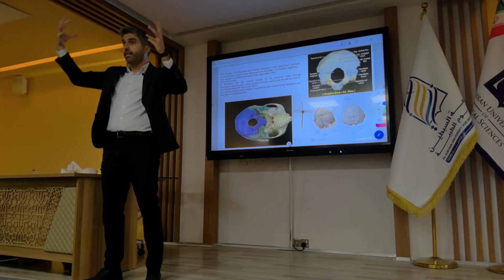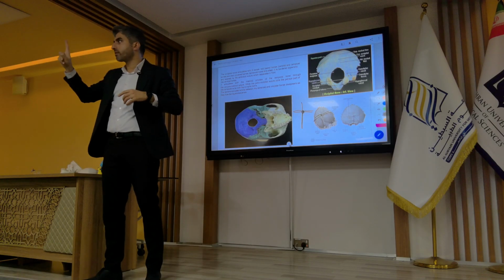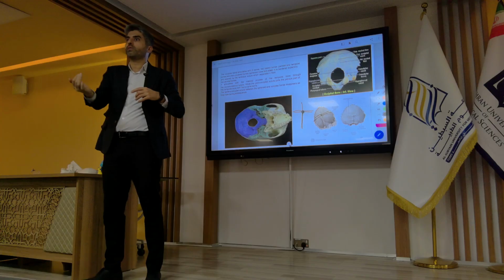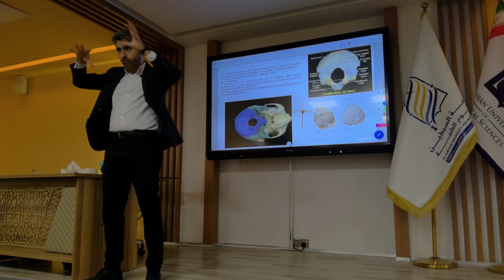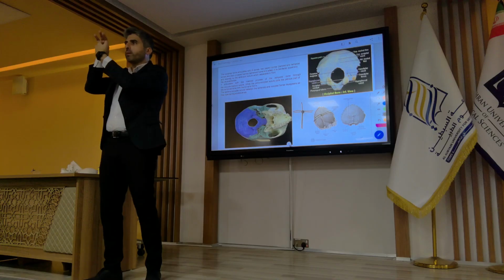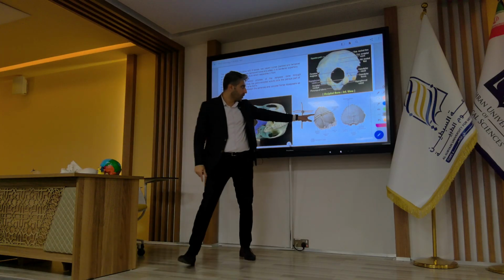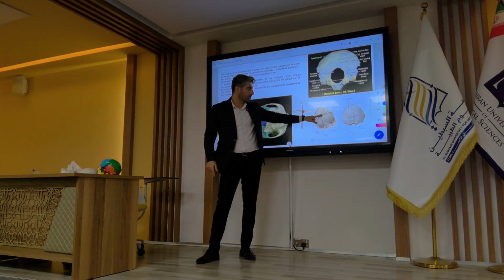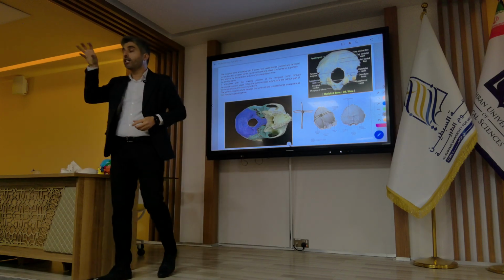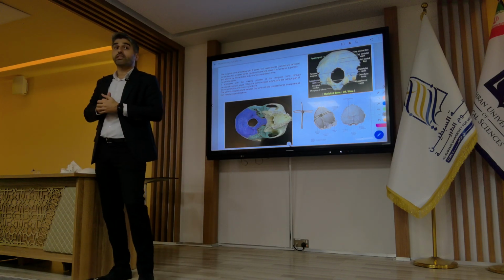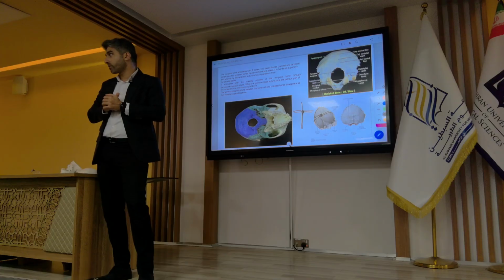All of these veins collect in one place. This is the internal occipital protuberance. So the internal occipital protuberance is the collection of the sinuses. We say confluence of the sinuses.